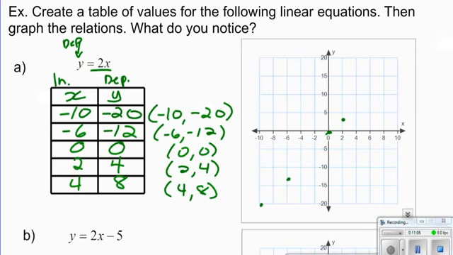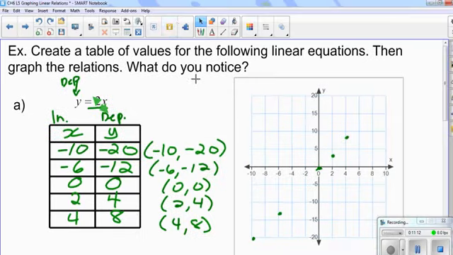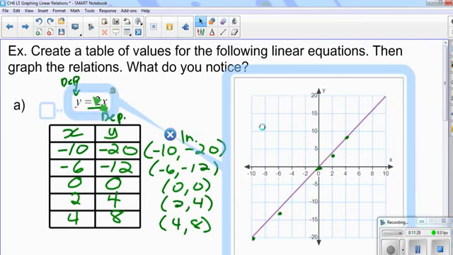And then 4 and 8. So something like that, okay? When you graph it, our points are pretty close on the line. I estimated a little bit off there, but that's okay.